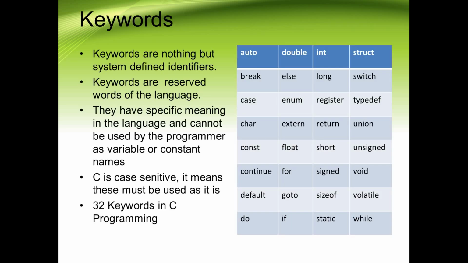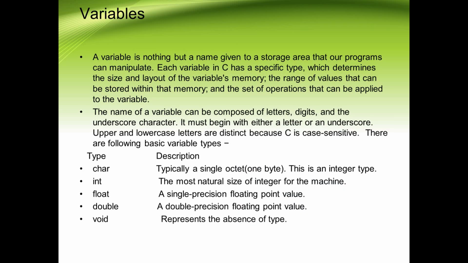There are some keywords. Keywords are nothing but system defined identifiers which are used for different types of operations. There are 32 keywords in C programming. Take a screenshot, and we are going to learn about all of these further. Then there are variables. A variable is nothing but a name given to a storage area.